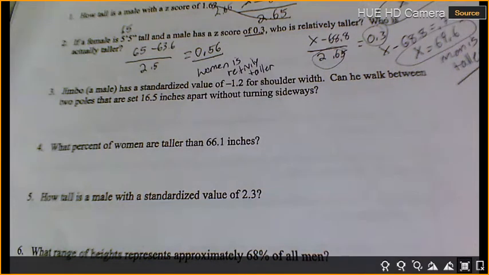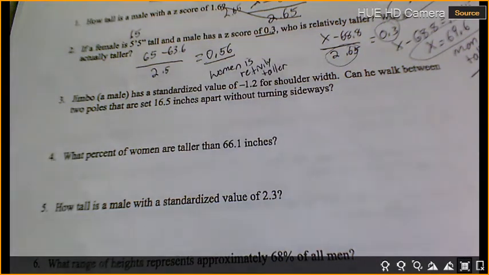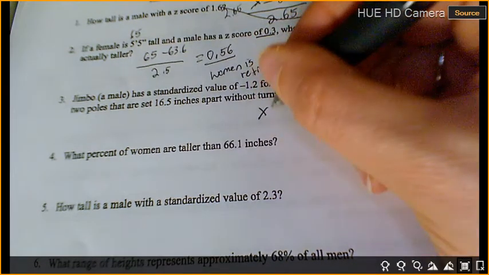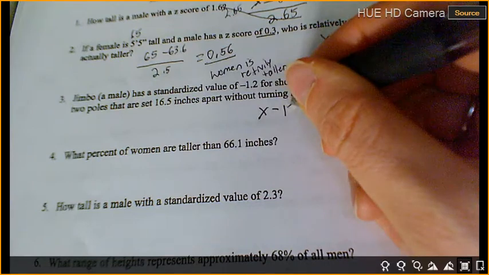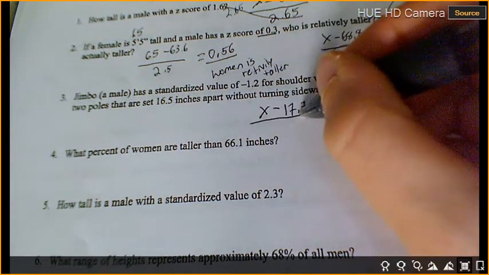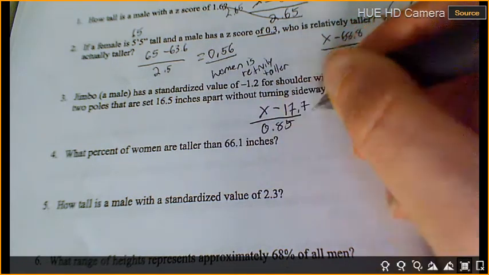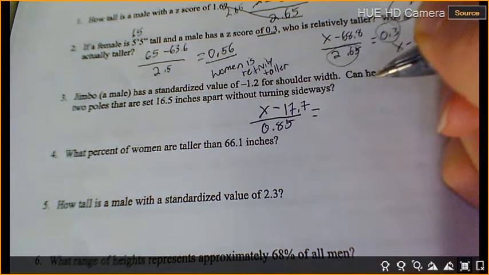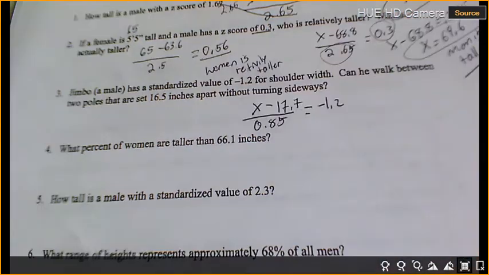We're going to figure out his shoulder width when we know the z-score. So we go x minus the mean for shoulder width for men, 17.7. The standard deviation is 0.85, and his z-score is negative 1.2.